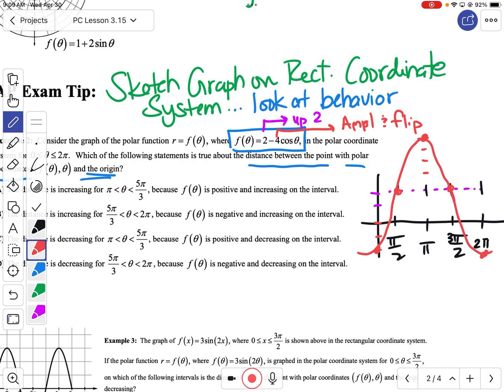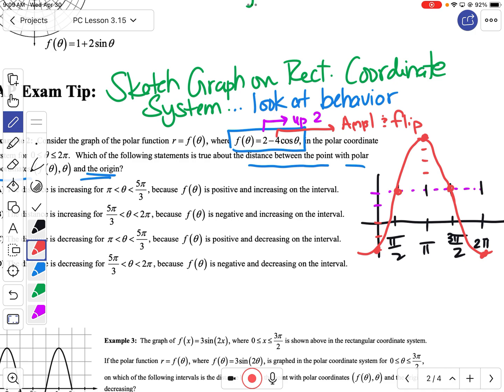Now, remember, when it asks you about this in terms of positive and negative, it's referring to the original x-axis. It's real easy to think about the midline, but we have to think about the original x-axis. So let's look at what it's talking about here.